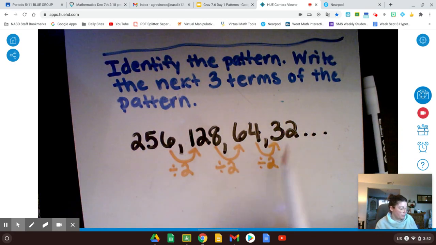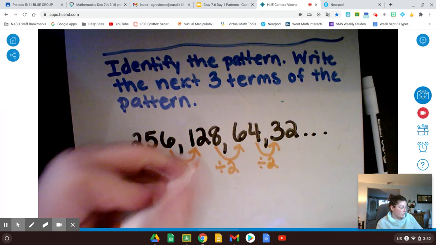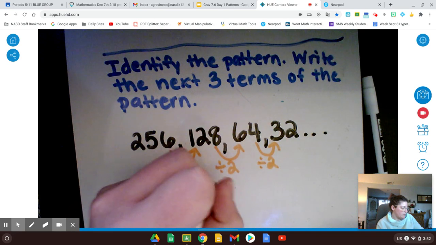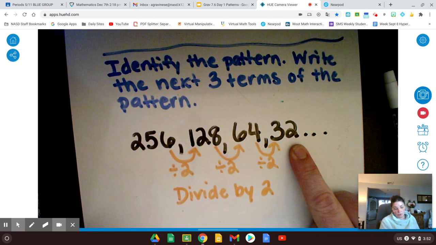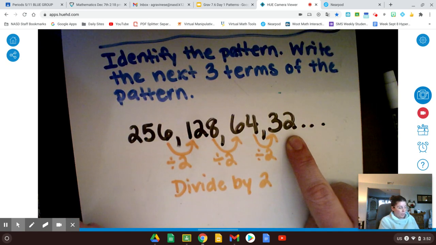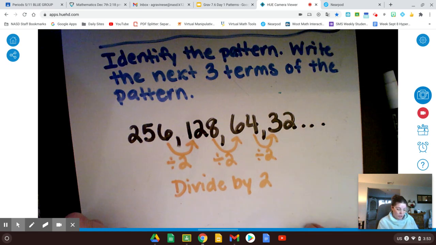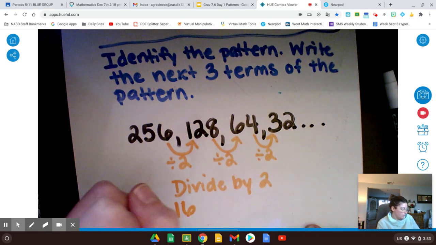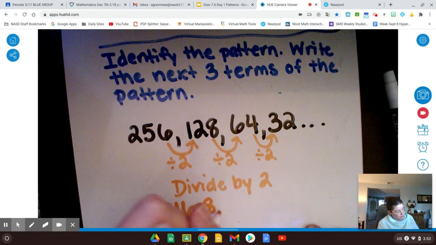Well, if I double 32, do I get 64? Yep. So my rule is to divide by 2. What are my next three terms? Let's extend that pattern. Half is another way to say divide by 2. So what's half of 32? 16. What's half of 16? 8. And what's half of 8? 4.